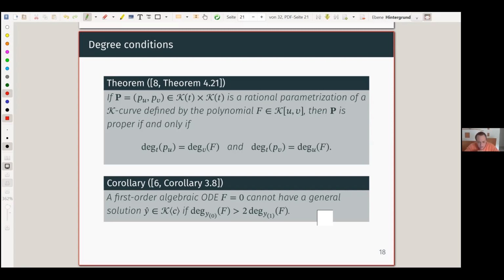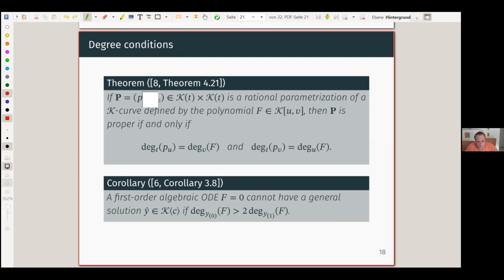There's also a similar degree condition in there, which I have here. And this comes from the fact that all proper rational parameterizations have very precise conditions on what their degrees must look like.